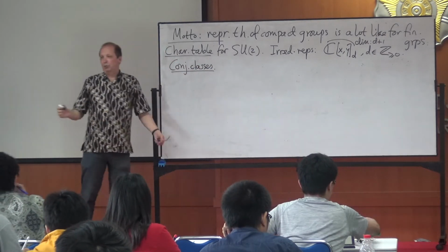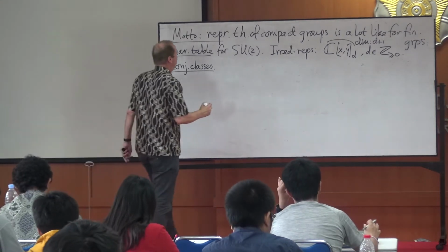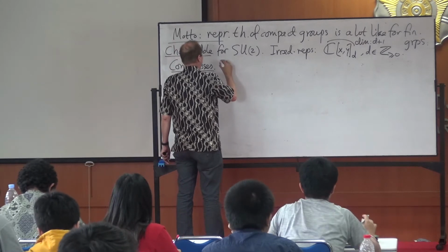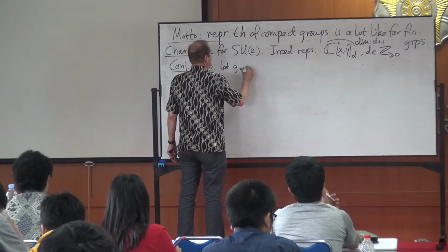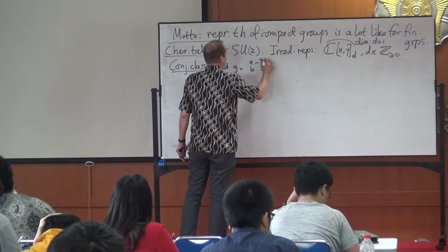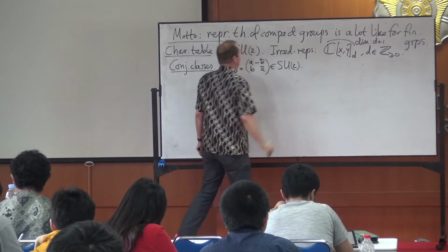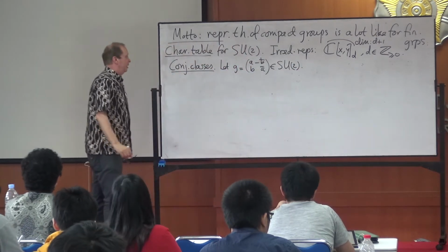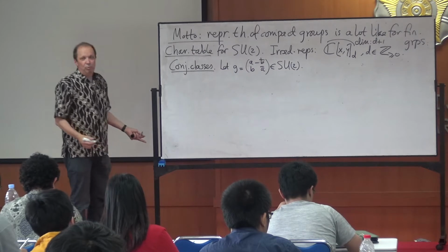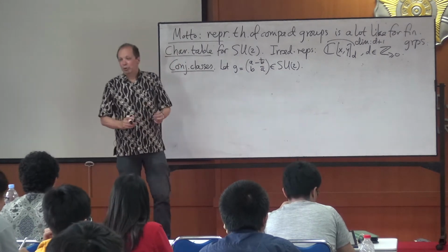So then we have to say, what do we do with an element in SU2? Let's say G is the matrix (A, B; minus B bar, A bar), with A, B in SU2. So the elements look like this. This is a unitary matrix, and you could try to diagonalize it.